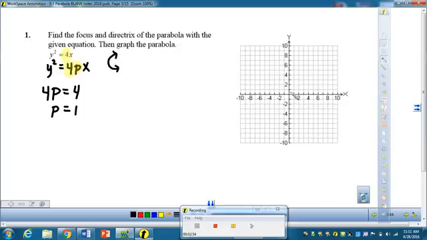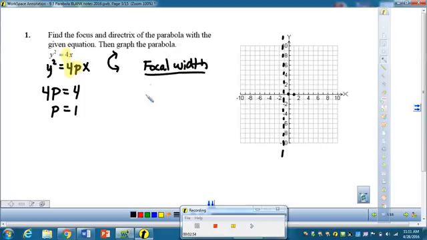Now the vertex is 0, 0, so we'll start with that. Let's do our focus, one space to the right. Now the directrix is going to be one space to the left. So the directrix is the same distance away from the vertex, but it's in the opposite direction. And then the last thing that we need to draw our parabola is the focal width.